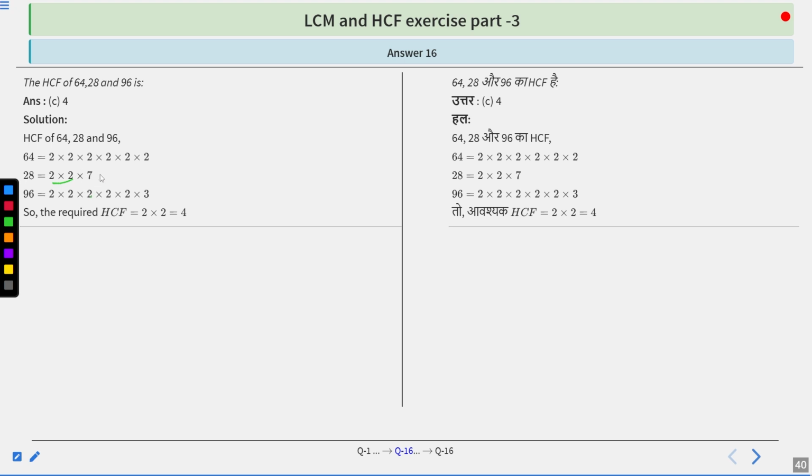But apart from 2, 7 is only present in the factors of 28 but not in the factors of 64 and 96, so 7 can't be part of the HCF. 3 is appearing only in the factors of 96 but not in the factors of 28 and 64. That means apart from 2, there is no other number appearing in all the factors. And therefore 2 into 2, that is 4, is the HCF, the highest common factor of 64, 28 and 96. Option number C is the correct answer.